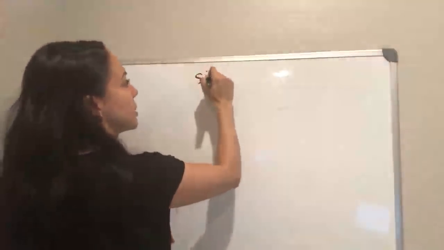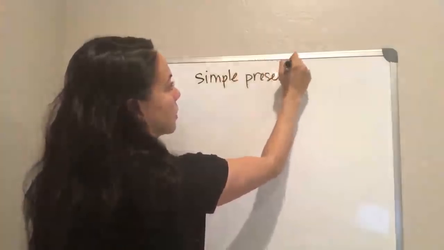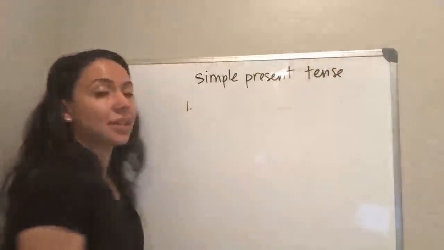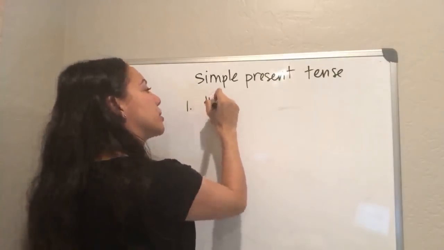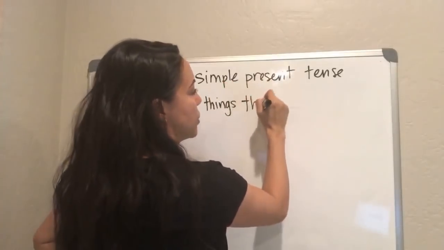Good. All right. So, in general, let's go back to the simple present. Okay, so as I stated before, we're going to use this tense with information or things that are true, okay, that are generally true.